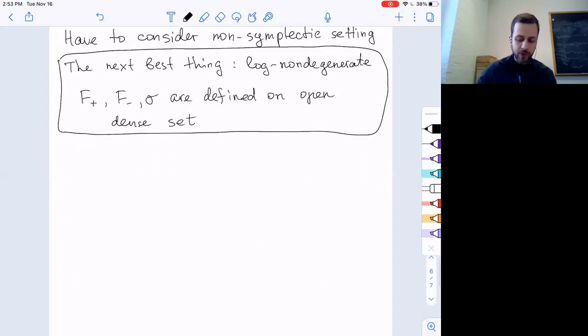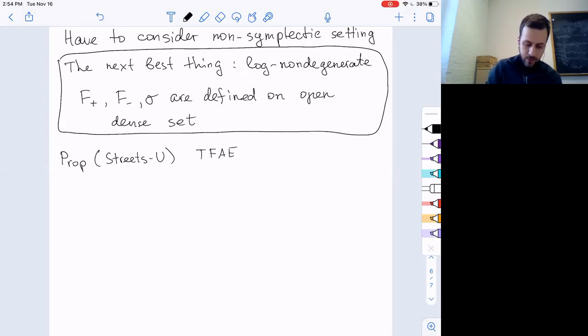So before I actually exploit this assumption, let me also formulate a general proposition from our paper with Jeff. It turns out that, similarly to the Kähler setting, there is a special vector field, and actually two vector fields, associated to any generalized Kähler-Ricci soliton. So the following are equivalent. Again, I always assume from now on that M is compact, even though it's actually not relevant here.